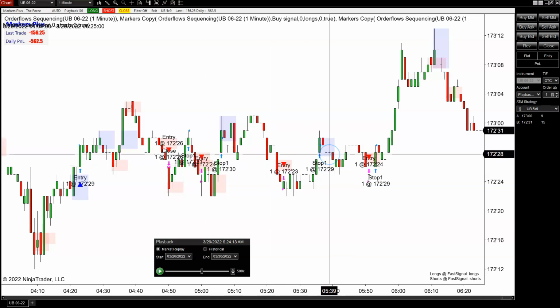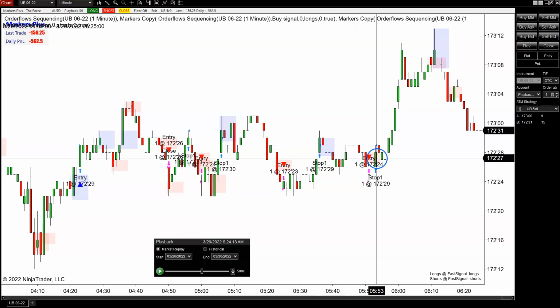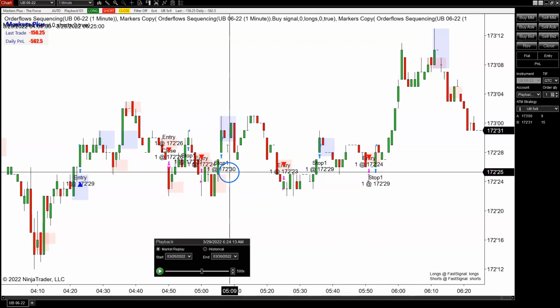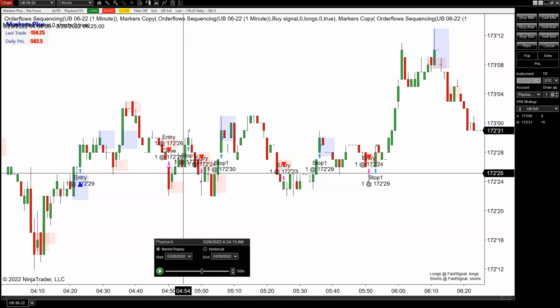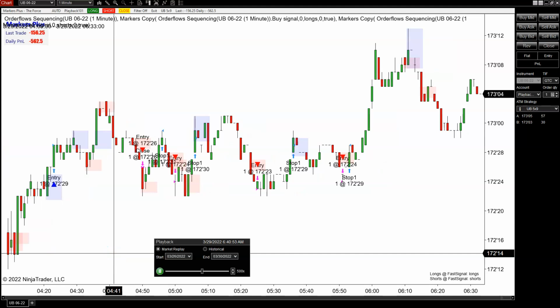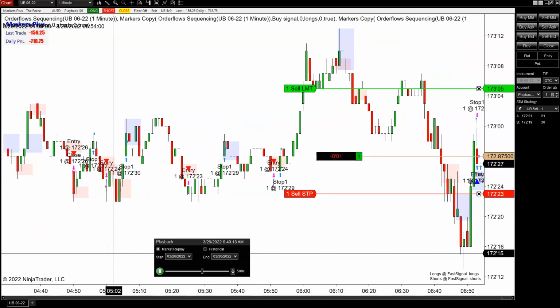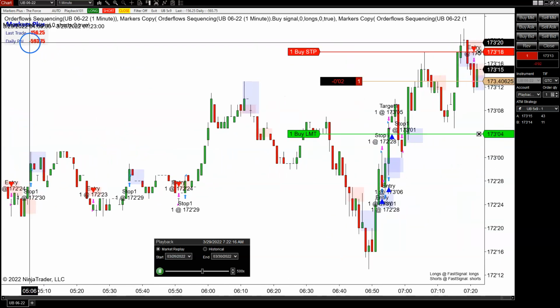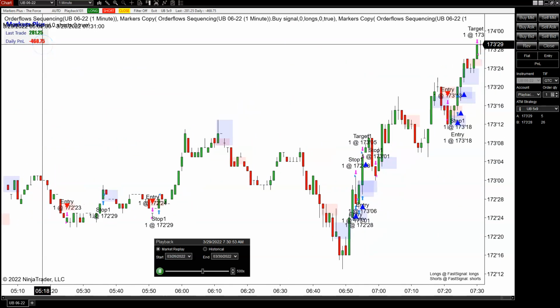And some people can't handle, I think this looks like 1, 2, 3, 4 losers in a row. Some people can't stomach that for some reason, but in trading, that's what happens. You do sometimes get strings of losers just as you get strings of winners, right? So right now we're running at minus 750, right?